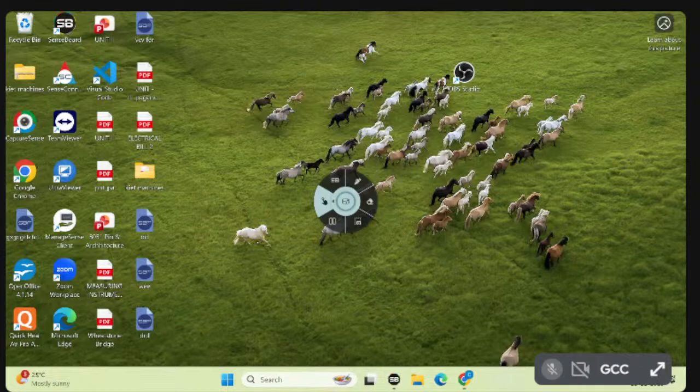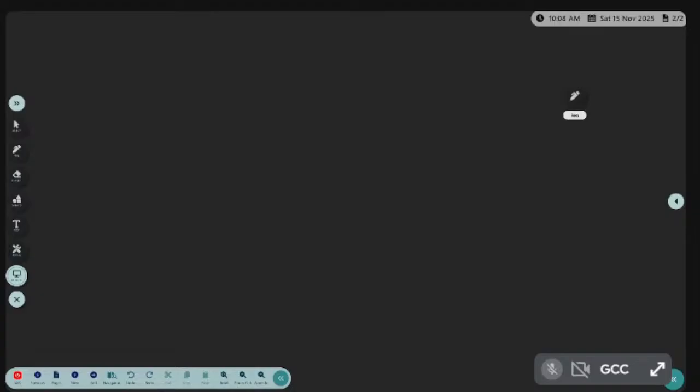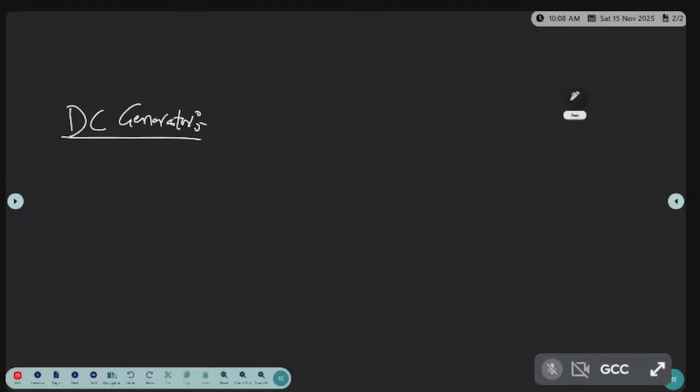So what is a DC generator now? Why am I calling it that? We are using a DC supply, or we are getting DC as the output. What is the definition of a DC generator?